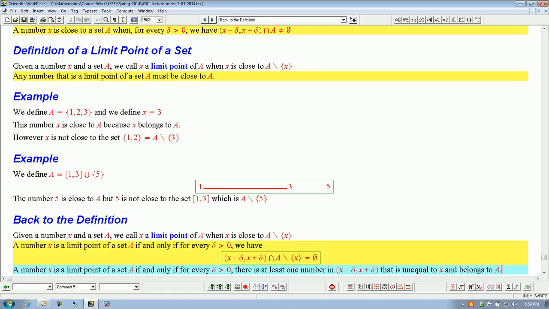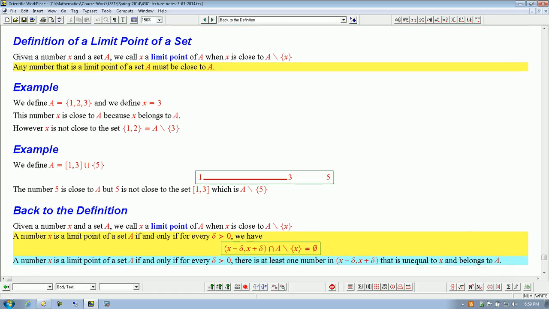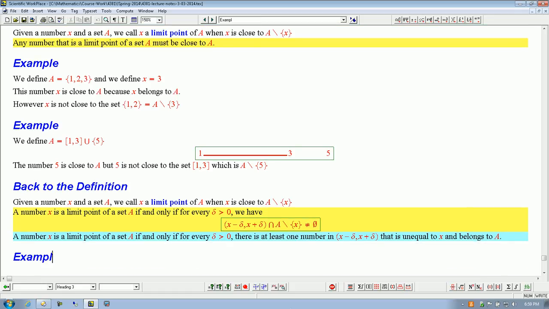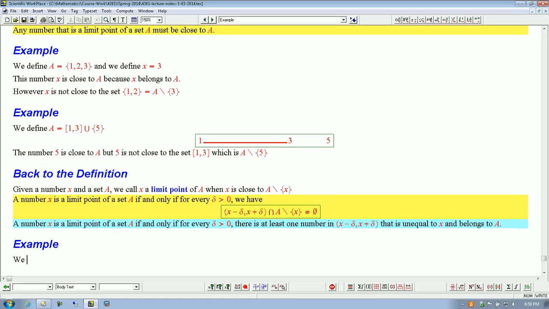And now I'm ready finally to answer Mesa's question. First, I'm going to give an example. Here's an example, and I think I'll make you happy also. We take A to be the interval running from 1 to 4.